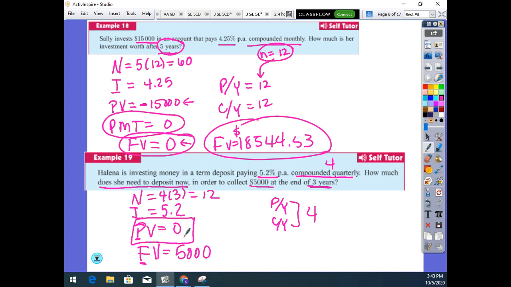Then do your alpha enter to solve the problem. And the present value comes out to be $4,282.10. So notice as soon as you click the green alpha enter, it solves it, and a number goes in the missing spot.